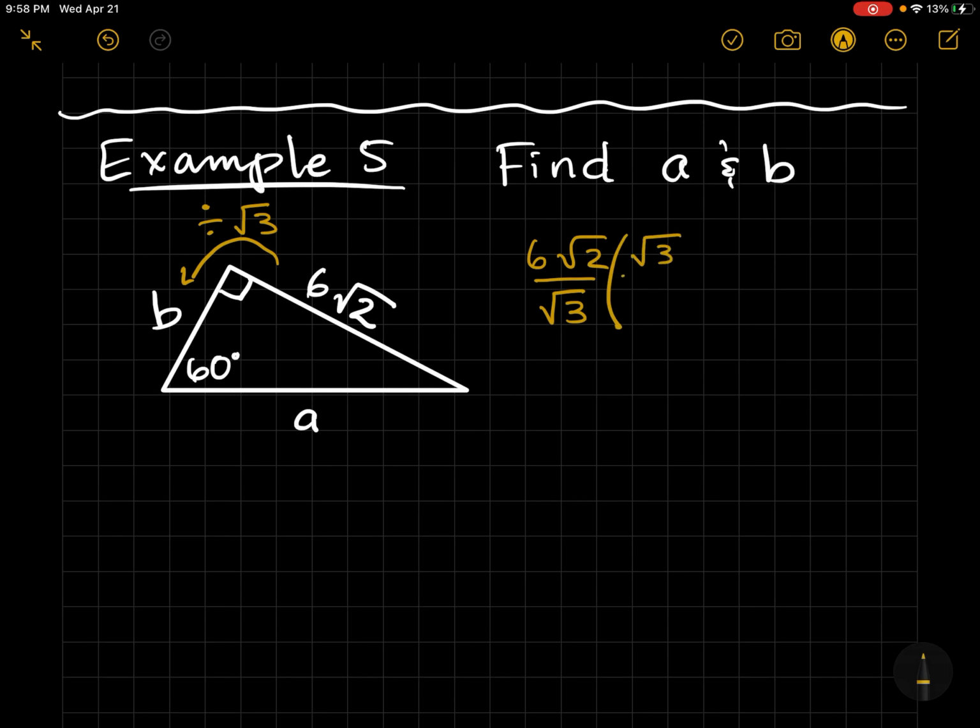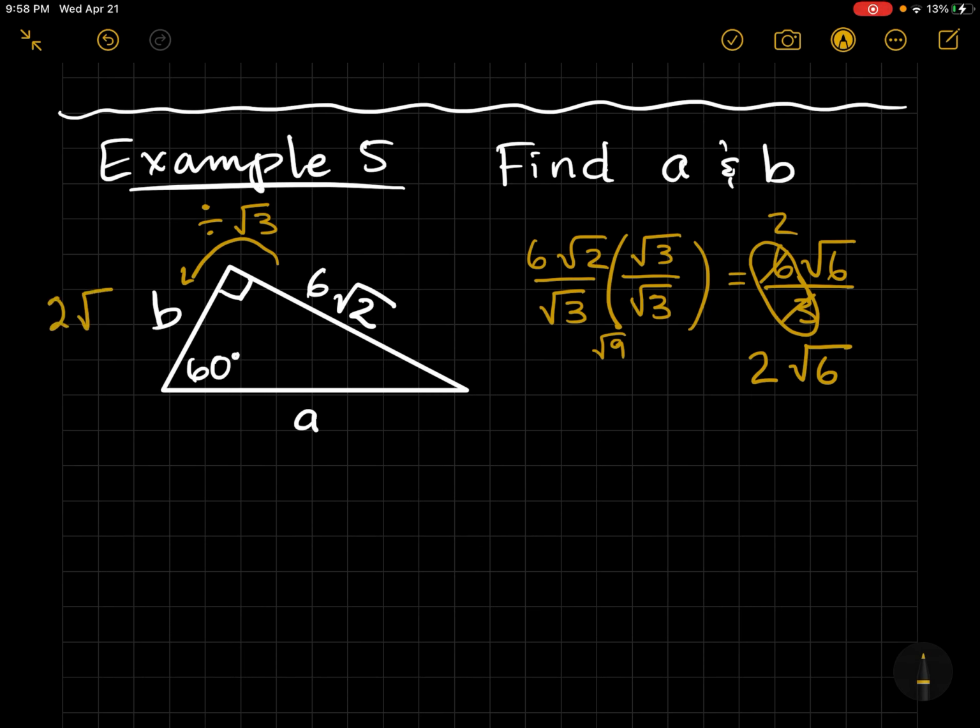And then we multiply top and bottom by radical 3. So we get 6 radical 6 over radical 9, which is just 3. But notice here, those reduce. And so we have 2 radical 6 for the short leg.